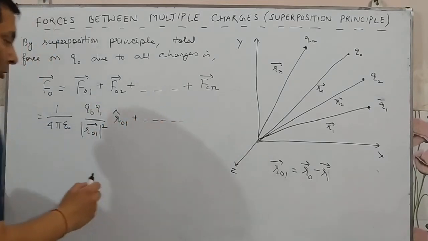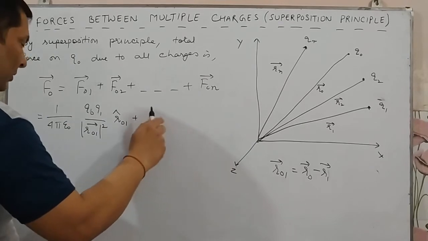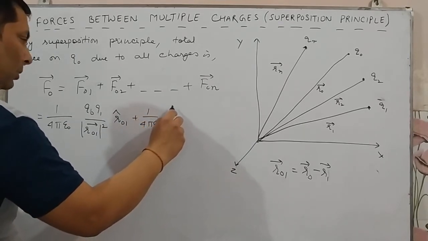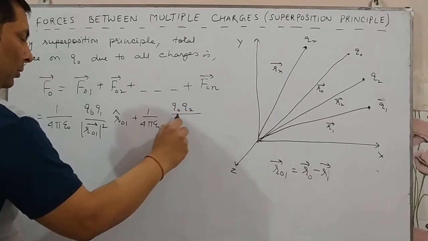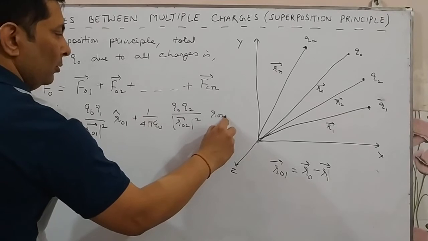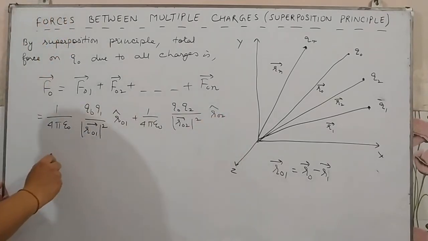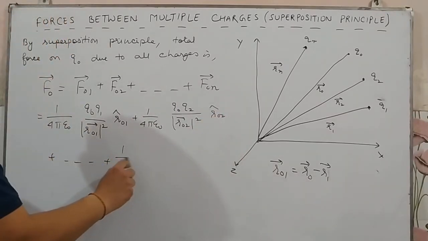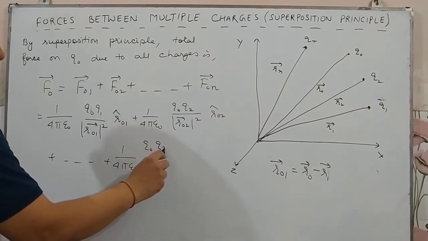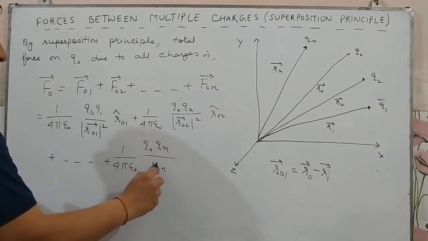Similarly, you can extend it to other forms. We can write 1 upon 4 pi epsilon naught Q0 Q2 divided by R02 squared R02 hat, plus up to 1 upon 4 pi epsilon naught Q0 Qn divided by R0n squared R0n hat.